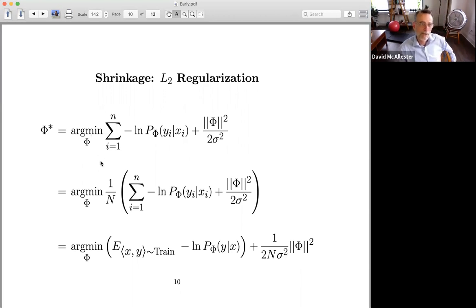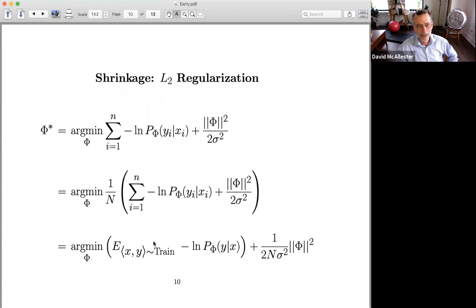Okay, so now this is the thing I'm optimizing. I'm still just following through on the Bayesian maximum a posteriori optimization problem. The next thing I can do is divide by n, the sample size. So optimizing this is the same as optimizing when I divide by the sample size.